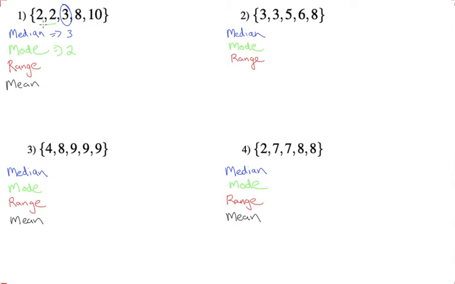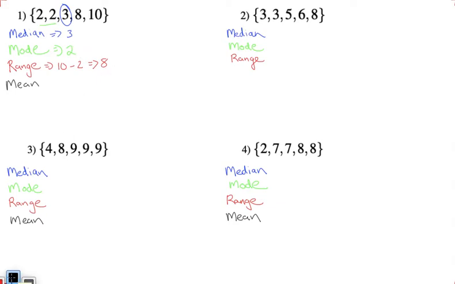The range is the difference between the smallest and the largest value. So we have to do a little calculation here. 10, which is our largest value, minus our smallest value, which is 2, will give us 8. So our range is 8. Median is 3, mode is 2, range is 8.